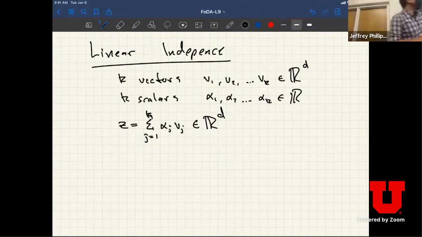So if alpha is 2, then I'm multiplying all the coordinates by 2. So alpha times v gives me back another vector, and then I'm adding vectors together. The book uses X instead of V's here, but that's just fine for now.